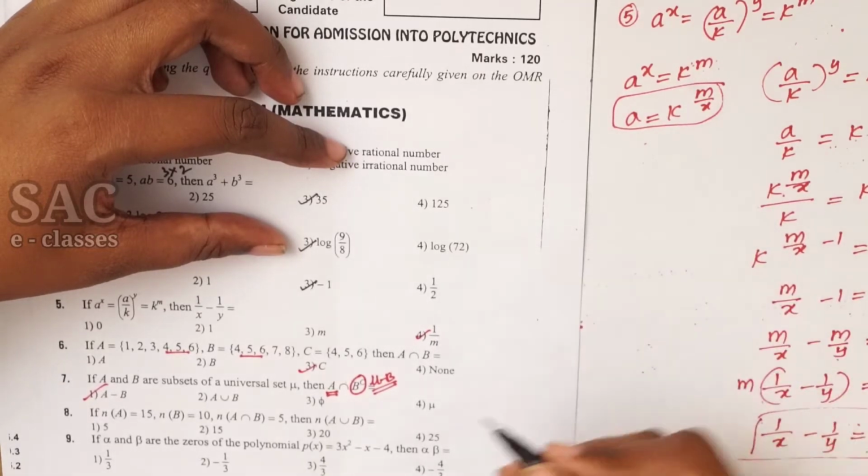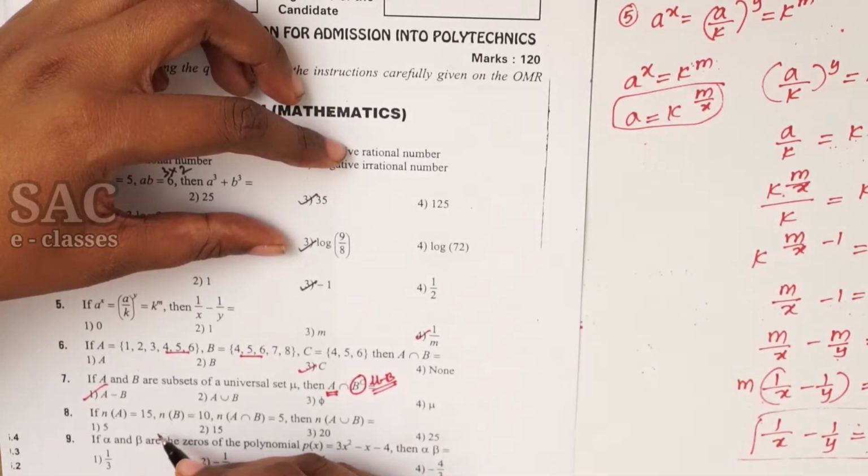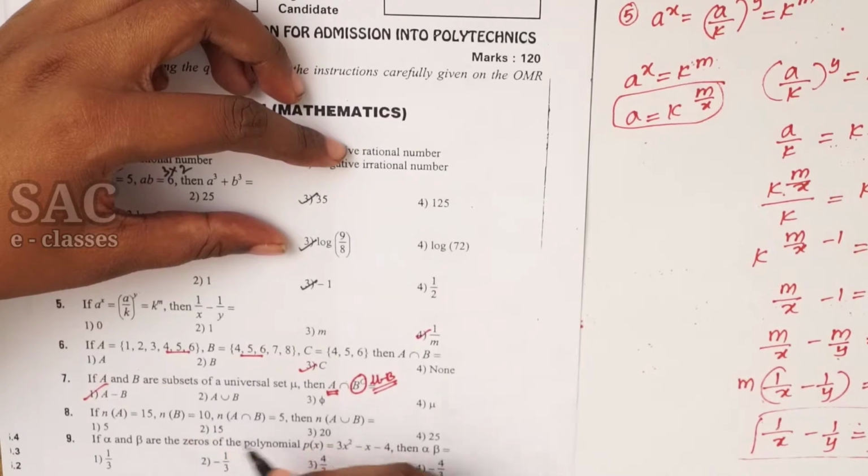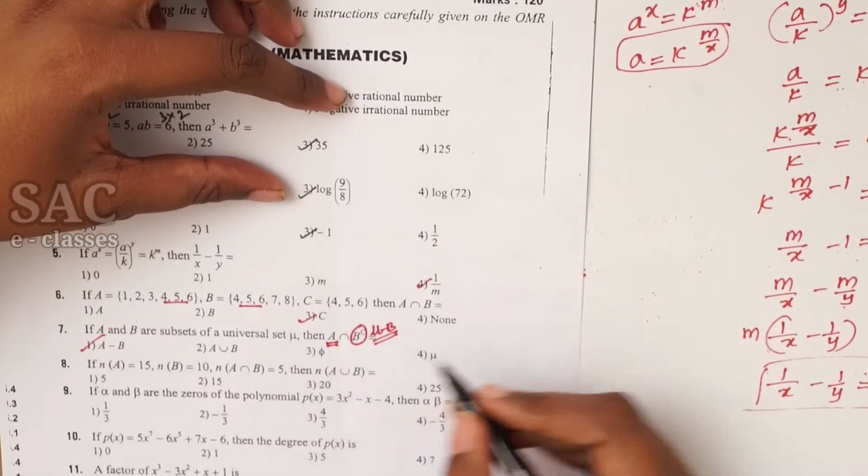Coming to the eighth problem, n of A equal to 15 and n of B equal to 10, n of A intersection B is 5.